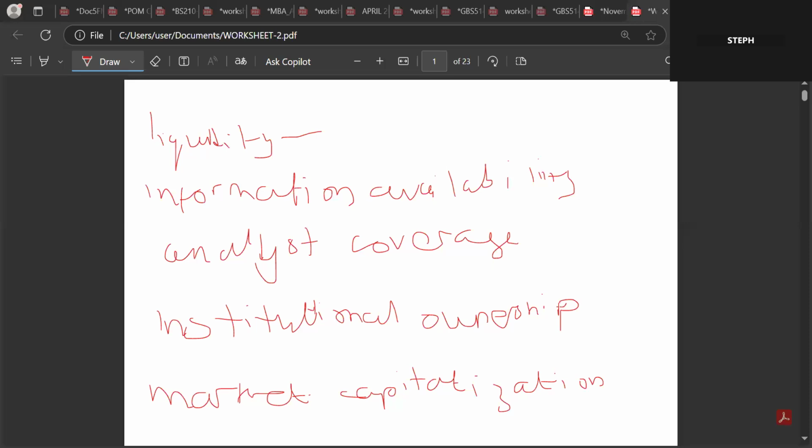Now, what other factors will help determine the difference? The information availability. Stocks of companies with high levels of public disclosure, for instance frequent financial reports, are more likely to be efficiently priced. Third factor is the analyst coverage.